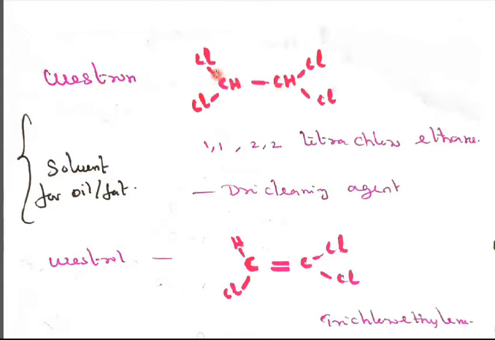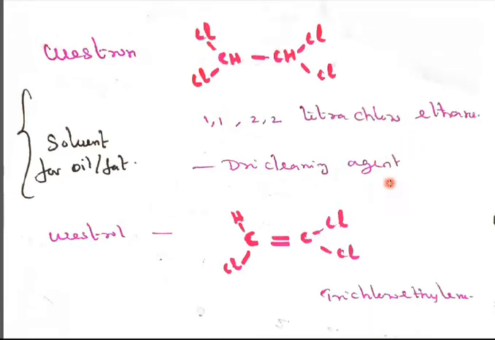Instead of 2 hydrogens, there are 2 Cl, substituted on each carbon. So what is it called? 1,1,2,2 tetrachloroethane. Only single bond, so ethane.